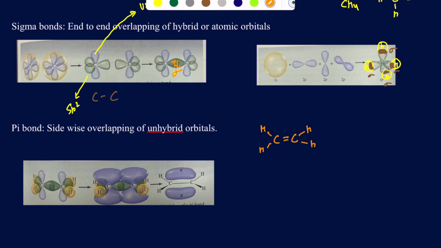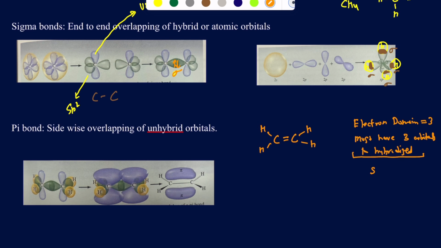One of the easiest ways to figure out the hybridization is to find how many electron domains you have around that atom. Since I have three electron domains here, I must have three orbitals to be hybridized. So I'm going to start from s.